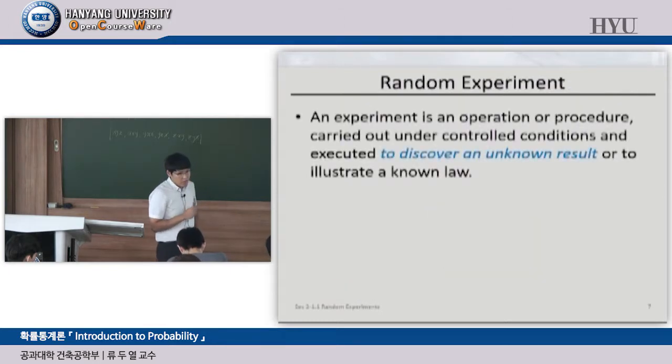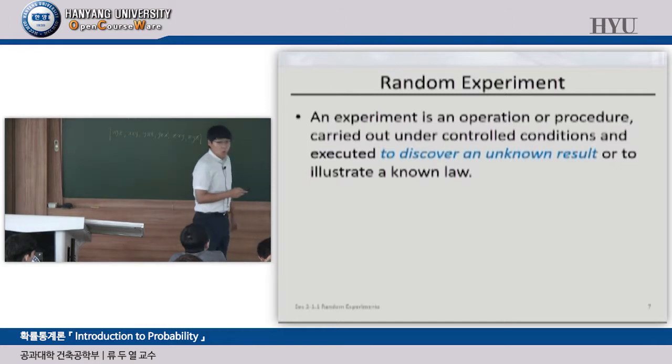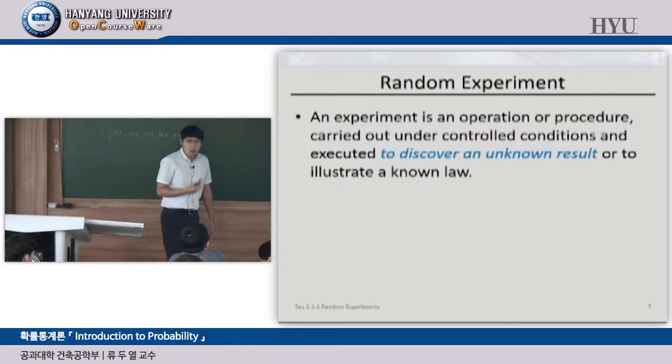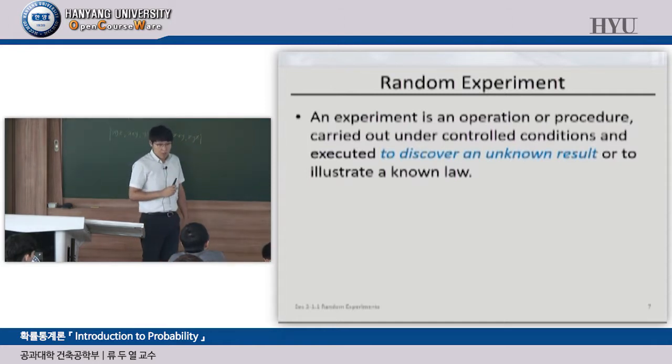And this is the definition of the random experiment. The random experiment is an operation or procedure carried out under controlled conditions and executed to discover an unknown result or to illustrate a known law. Normally, before starting the experiment, we don't know the conclusions or result from the experiment.